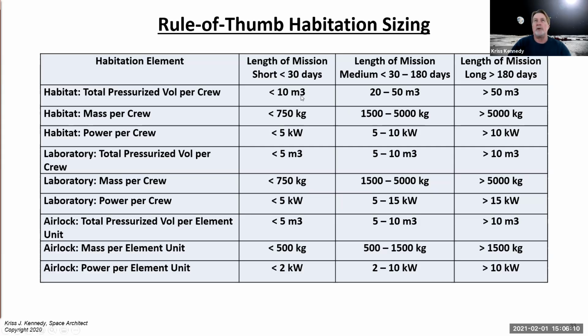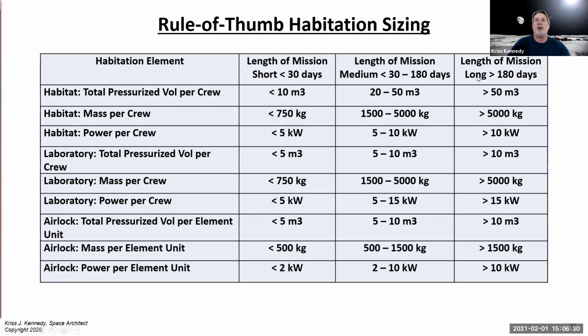So for short duration, under 30 days, it's roughly 10 cubic meters per crew member. For medium duration missions, which is 30 to 180 days, it's 20 to 50. And that varies a little bit. If you're trying to do a minimalistic approach, it'll be less.